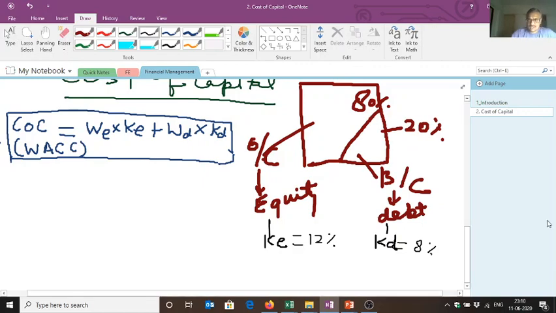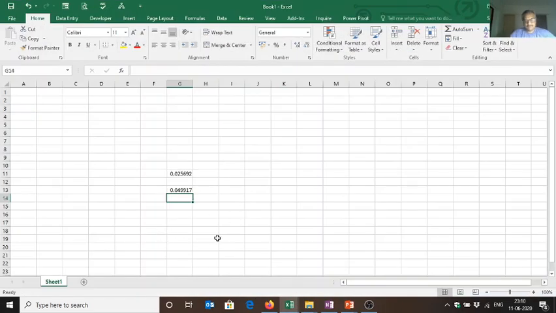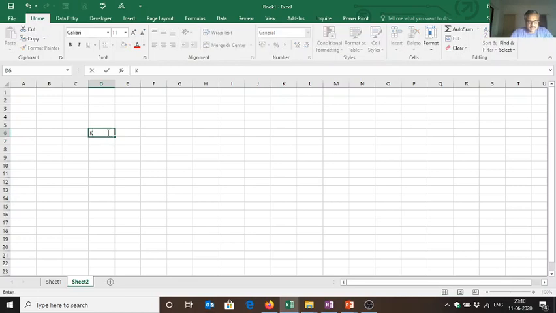And if I use the same proportion which I have just defined to you, 80% and 20%, I take you to the Excel. And let's say, as I'm saying that KE and WE. So WE is 80%. So I'm showing it by 0.8. 80% is 0.8.